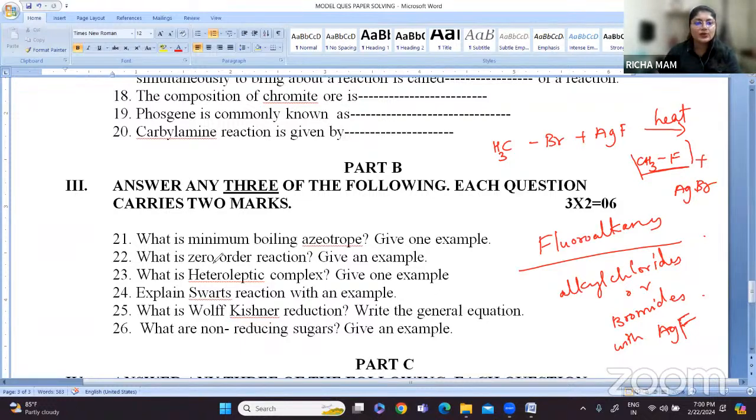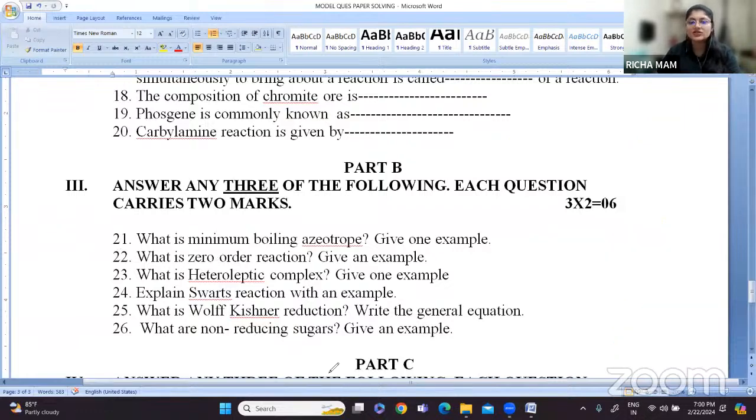Next question. What is Wolff-Kishner reduction? Write the general equation.